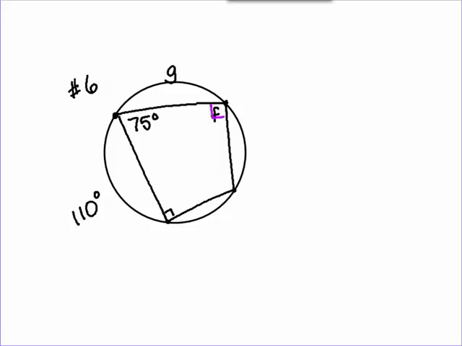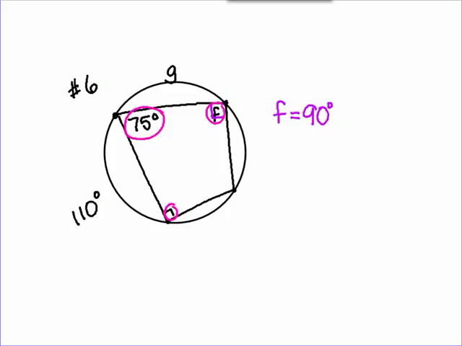90. The reason why F has to be 90 degrees, even though it doesn't look like it in my diagram, your diagram in the book's probably a little better, is that opposite angles, this angle here and this angle here, are supplementary. They have to total 180. So if you already have 90, this other one has to be 90 as well. So this one is 75, right?